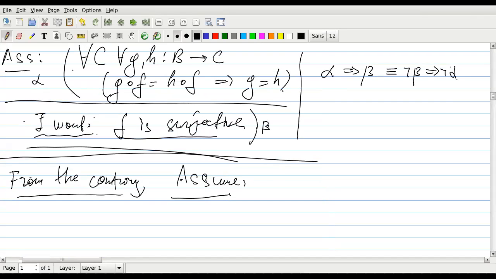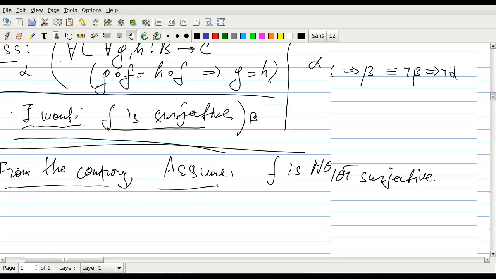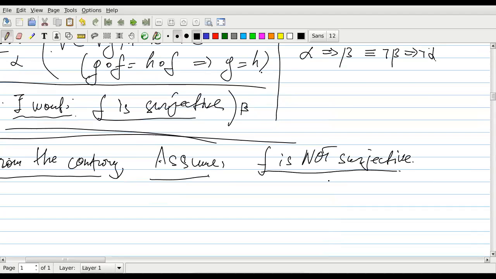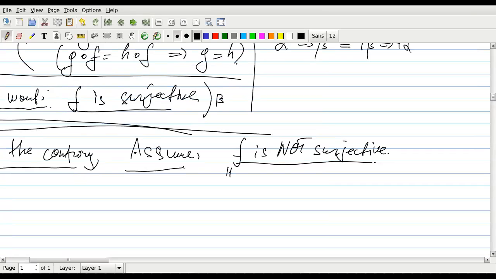What should I do? Now I assume that f is not surjective. What does it mean? Let's recall that f is a function from A to B. What does it mean that it is not surjective?